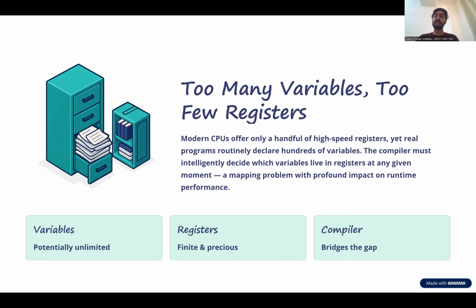The compiler must decide which variables are most important and should remain in registers and which can be stored in memory temporarily. This is similar to having a small bag and many items. You must choose carefully which items to carry with you. Good decisions improve speed. Poor decisions increase delays, so the compiler acts efficiently to manage this limited resource.